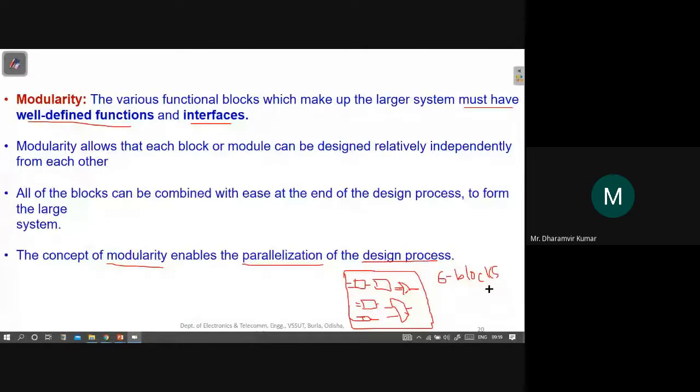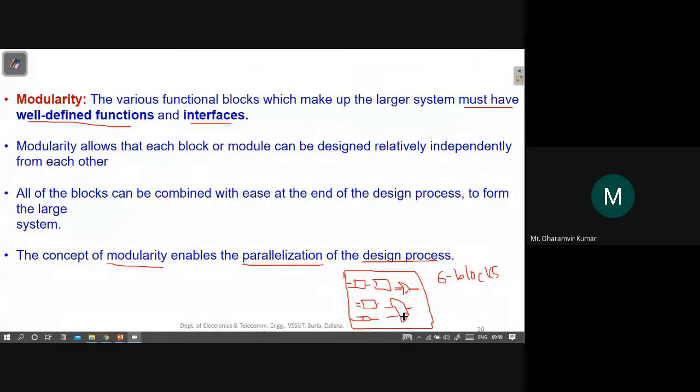One team may work on this smaller block, another team may work on the design of this smaller block, another team may work on this, and so on. So it helps us in designing these smaller blocks simultaneously. And when the work is done in parallel, it saves a lot of time ultimately.